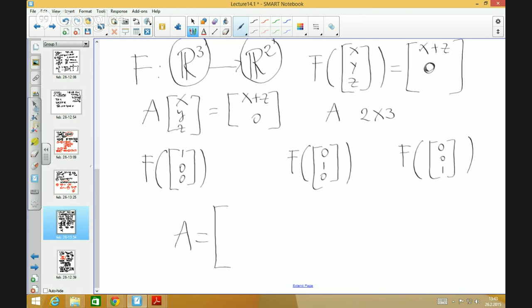So what are they? What is f of (1, 0, 0)? 1 plus 0, 0, so it will be (1, 0). So I write a (1, 0) here. What is f of (0, 1, 0)? 0 everywhere. What is f of (0, 0, 1)? (1, 0).